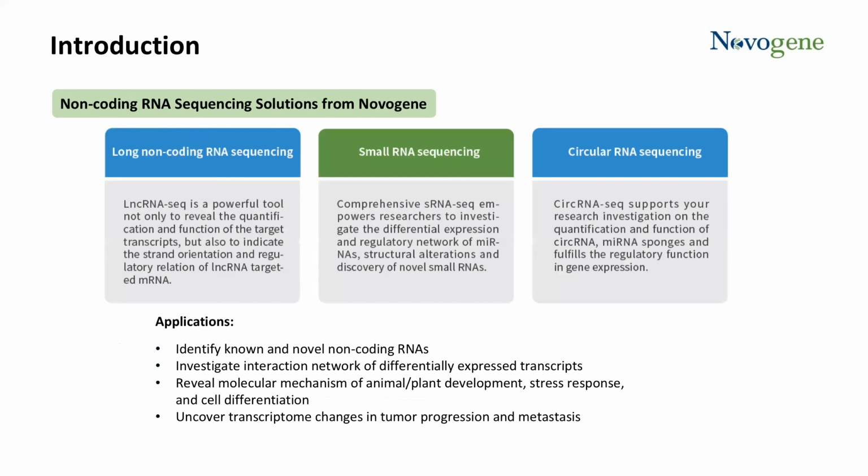So here at Novogene, we provide 3 types of non-coding RNA sequencing services. This includes the ncRNA-seq, small RNA sequencing, and circular RNA sequencing.